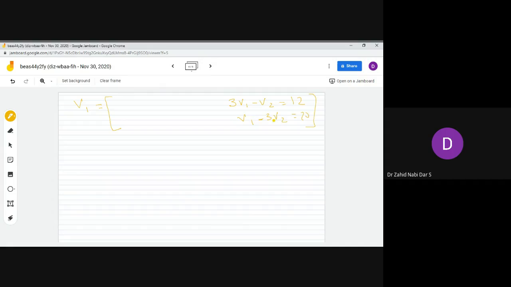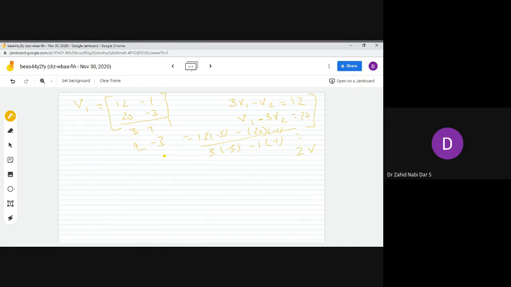So you can use Cramer's rule: 12 into minus 3 would be minus 36, then minus 20 into minus 1, divided by 3 into minus 3 minus 1 into minus 1. If you solve this, you'll get around 2 volts.